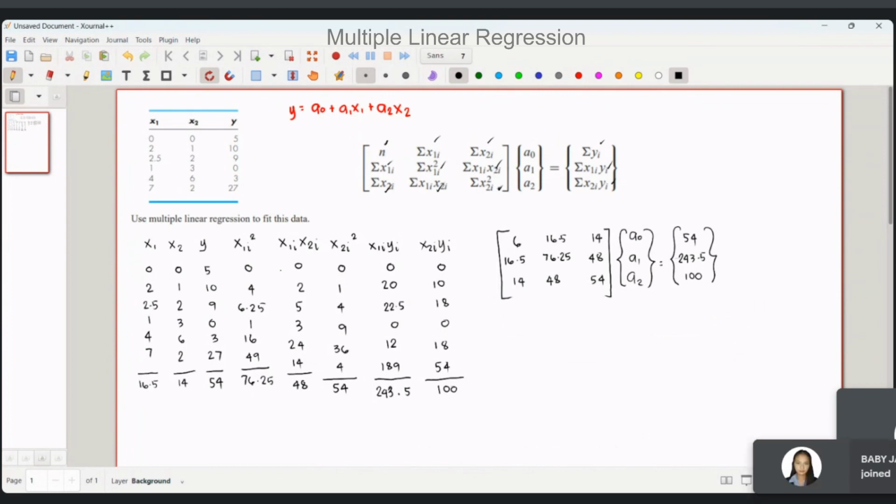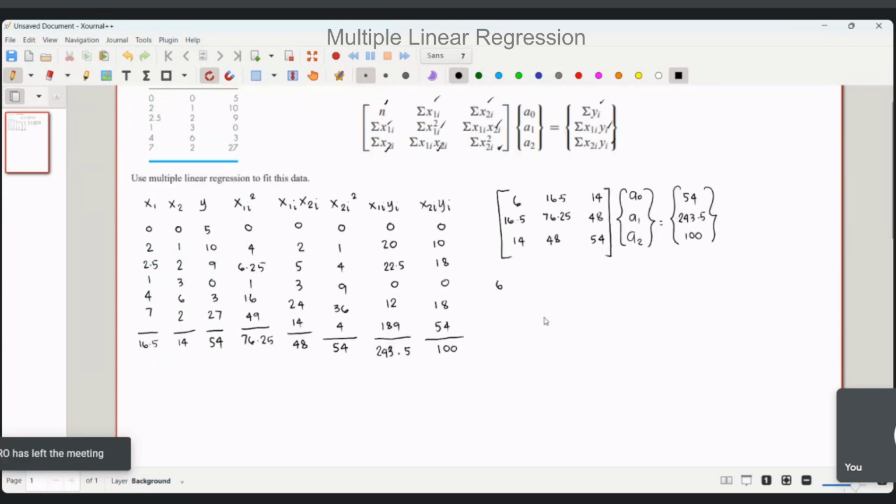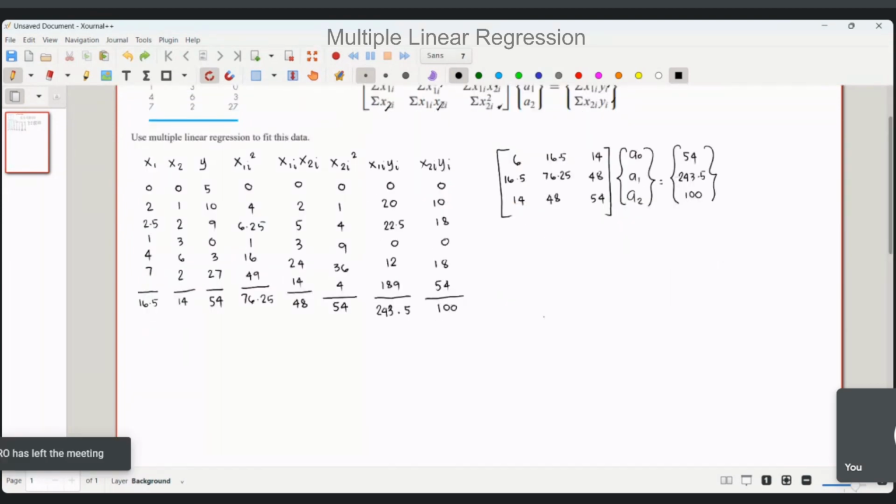Copy the reference. So that's 6, 16.5, 14. And we need to find the new R2.